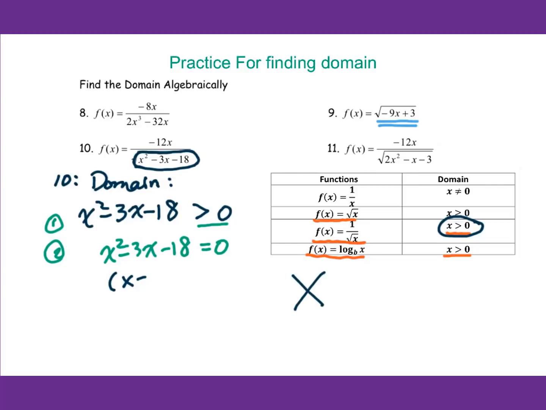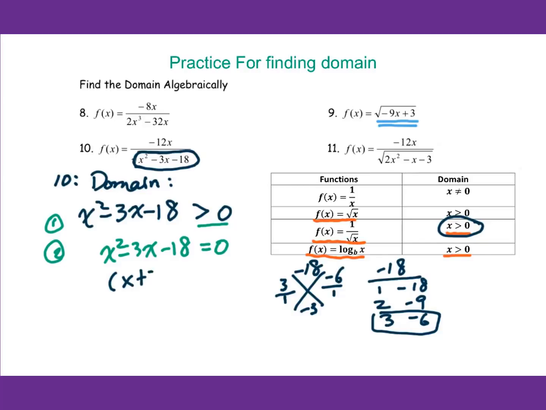You got negative 18, 1 and negative 18, 2 and negative 9, 3 and negative 6. So that's the answer. We got 3, negative 6. So (x plus 3)(x minus 6) equals 0. Therefore, your x1 equals negative 3 and x2 equals 6.